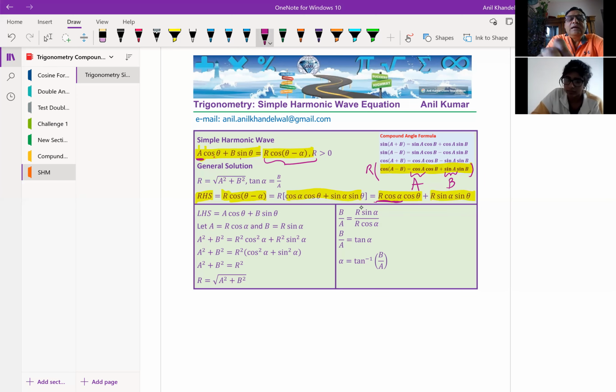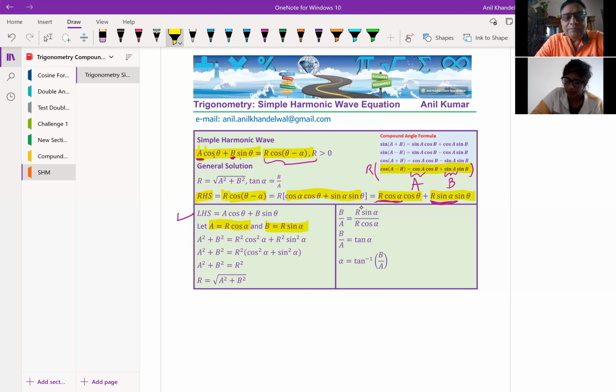And this B should be equal to R sin alpha, correct? So we did a substitution. So left hand side is A cos theta plus B sin theta. So we said, well, let A be equal to R cos alpha, B be equal to R sin alpha. So I did that substitution. Is that clear to you? I matched my left hand side with the right hand side. You get the concept, right?